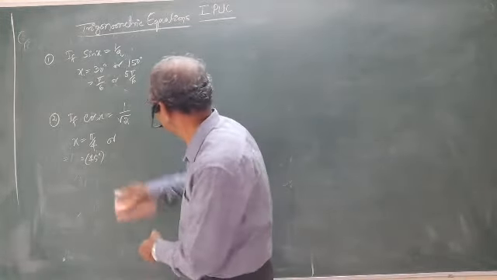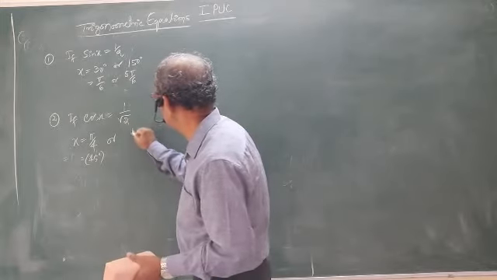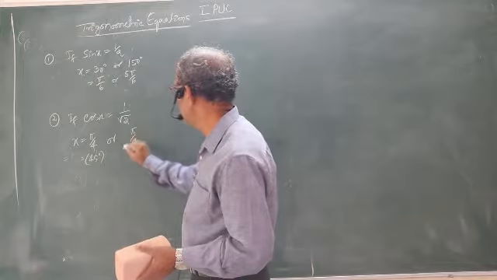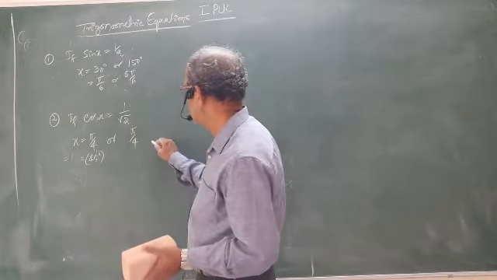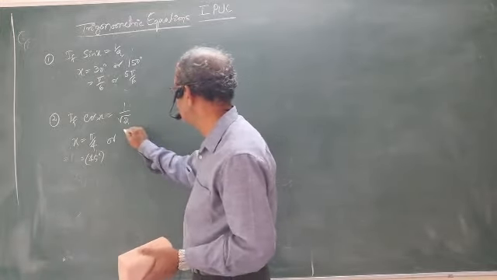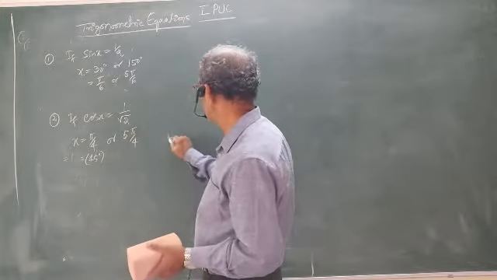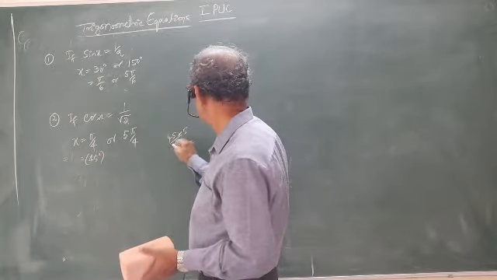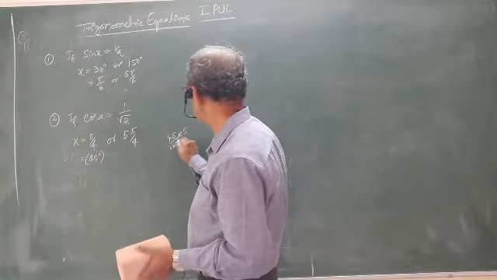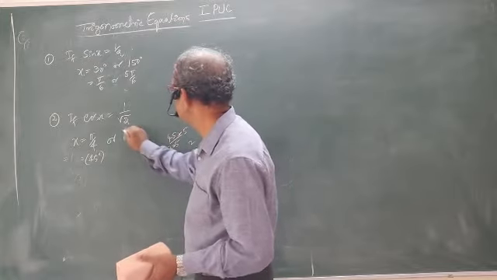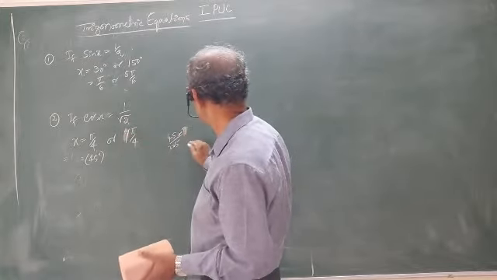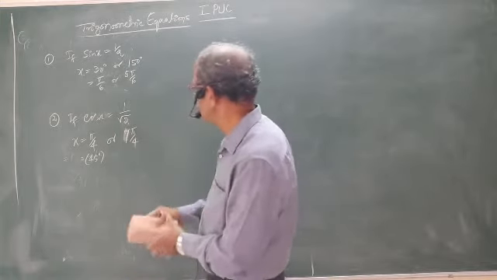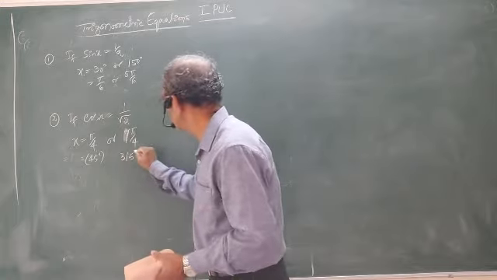Instead of writing a negative angle, it is 7 pi by 4, which is 315.